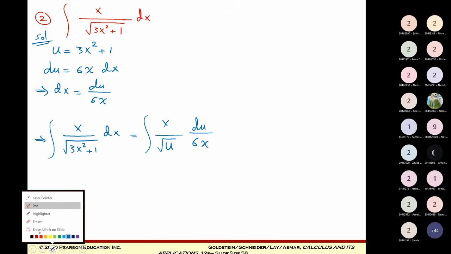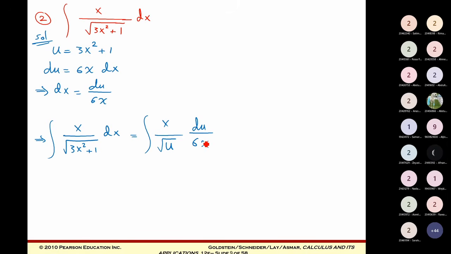Now we can remove x with x, so this equals 1 over 6, don't forget the numbers, 1/6 integral of u to the power negative half, because we have the radical u in the denominator, so we have u to the power half. When raising to the numerator, this is negative half.